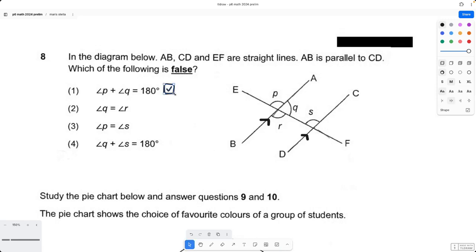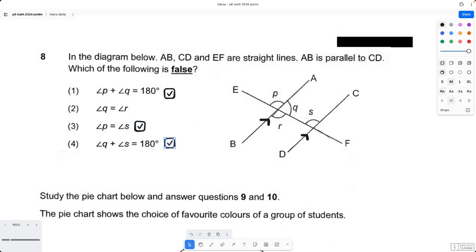Q is equal to R? Wait, Q is equal to R. P is equal to S, P is correct. And Q plus S is equal to 180, which is correct.